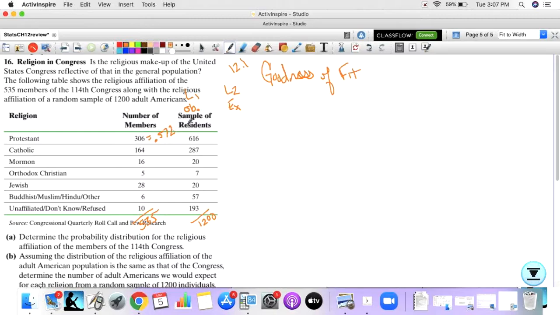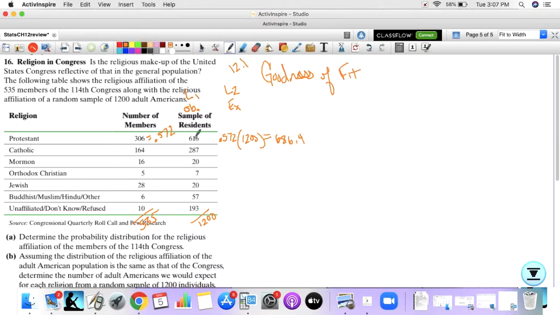We would take that decimal to get our expected value, 0.572, and times it by our sample size, 1,200. So if I multiplied those out, I'm going to get approximately 686.4 people. So if we ask 1,200 people, and it's going to be the same proportion as the number of members of Congress, it should be about 686 people.